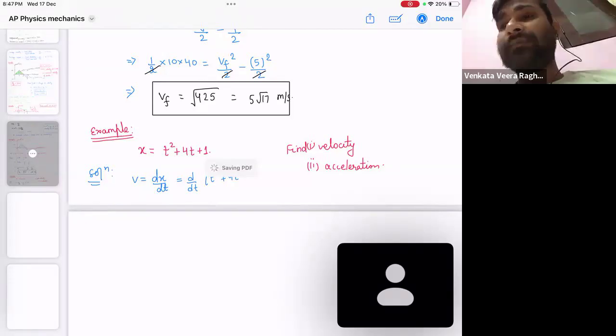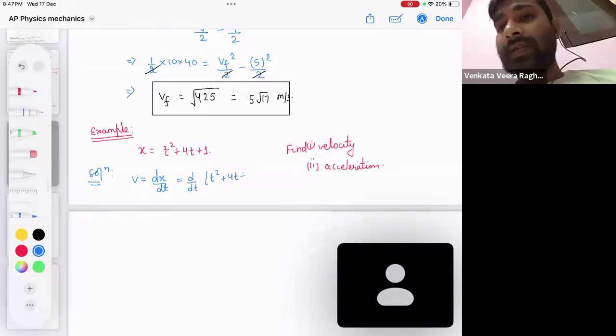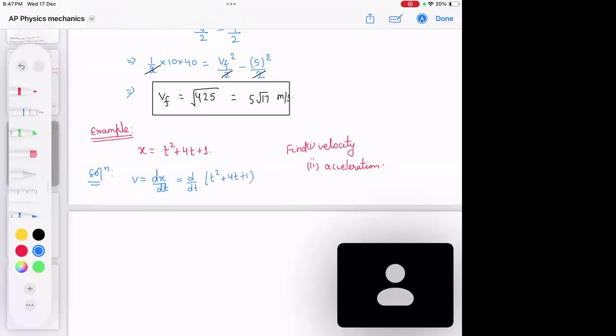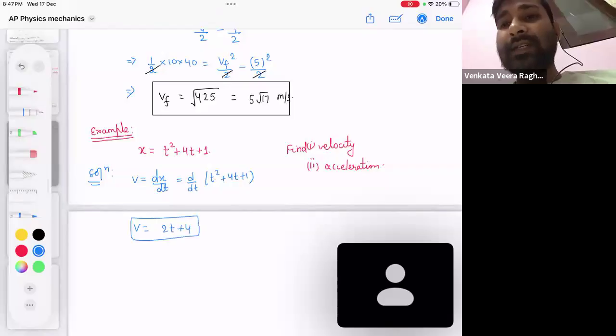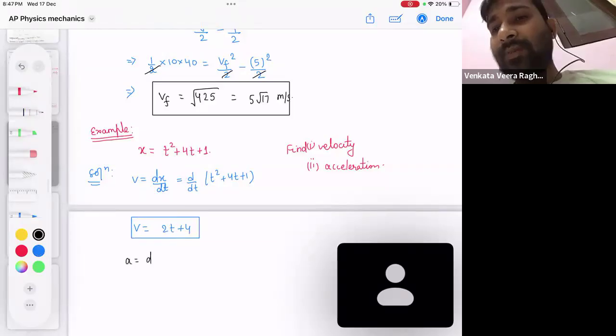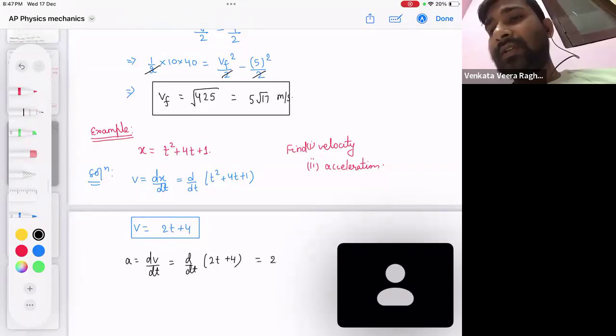So what is the velocity we got? 2t plus 4. And what is the acceleration? Acceleration means we have to differentiate velocity one more time. dv by dt. So d by dt of 2t plus 4, how much are you getting? We are getting 2.